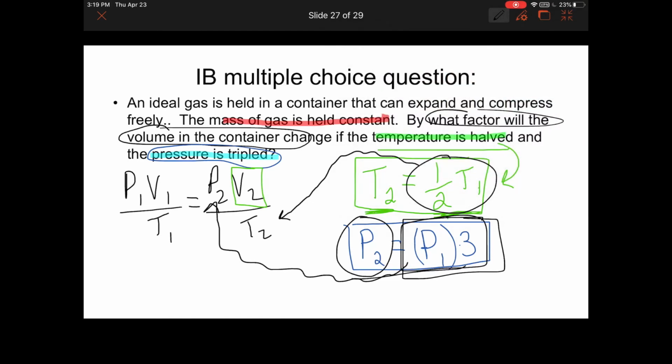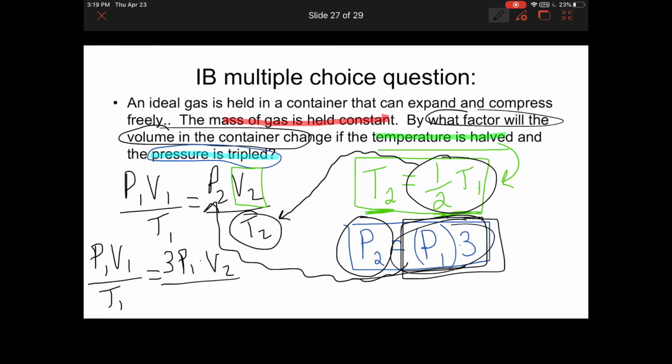So now you can see pretty quickly that I have a completely different equation, or it looks completely different. And let's see how we do. So P2 is now actually triple P1, that's what I've subbed in, times V2, divided by, instead of T2, I'm going to write half T1. Here we go. Let's start to simplify this.